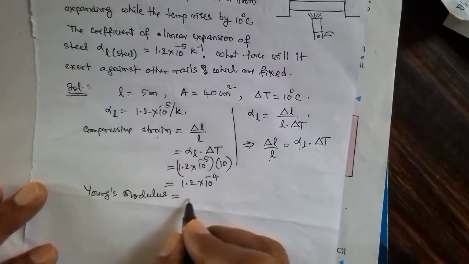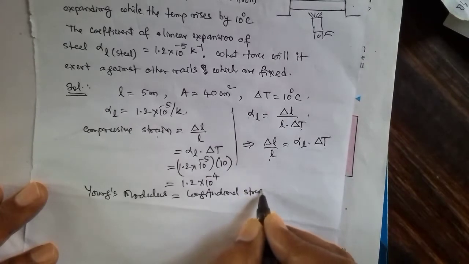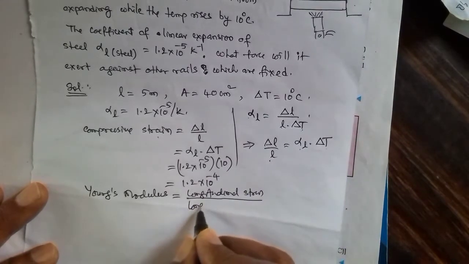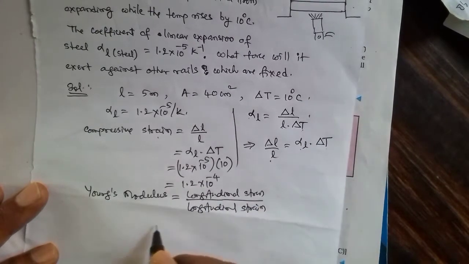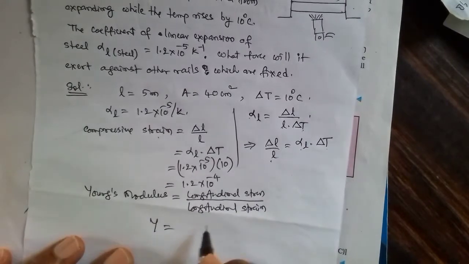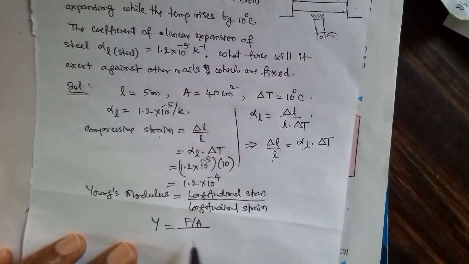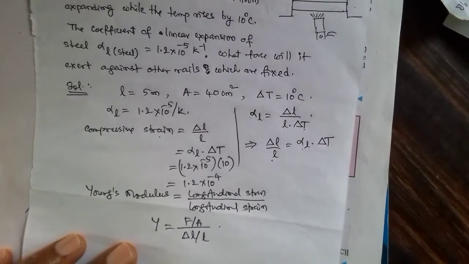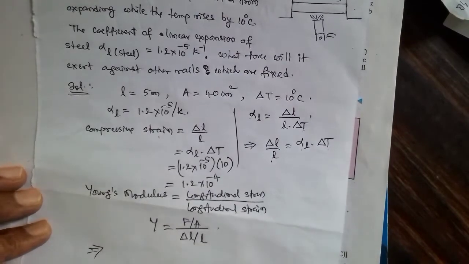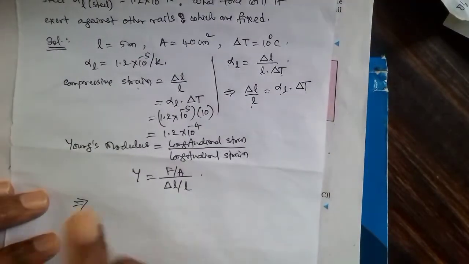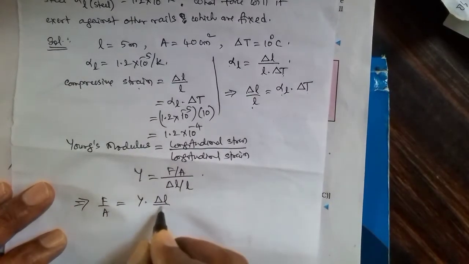Young's modulus is defined as longitudinal stress by longitudinal strain, that is Y is equal to longitudinal stress, F by A, by longitudinal strain, delta L by L. Now from this we can write F by A is equal to Y into delta L by L.